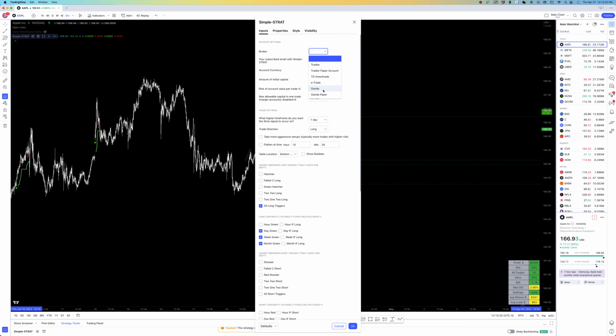On the profile side, on the TradingView and API portal, you only needed to select Oanda or Tradier, but if you want this to send signals to your Sandbox account or your paper trading account, you'll need to select Oanda paper or Tradier paper, and those API keys that you put in your profile also have to be for the paper account.